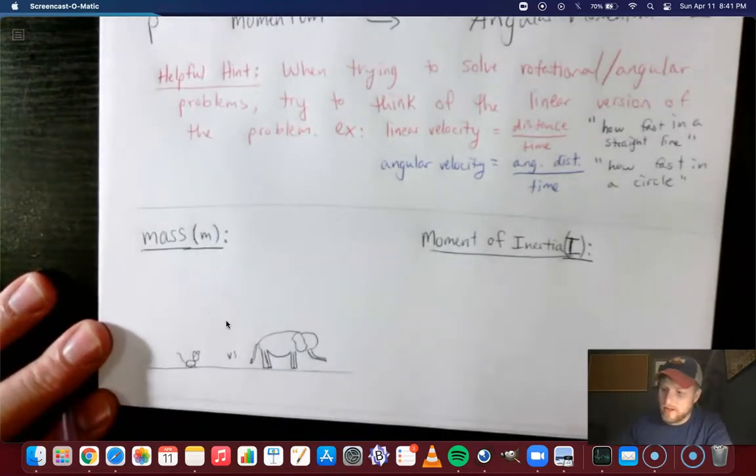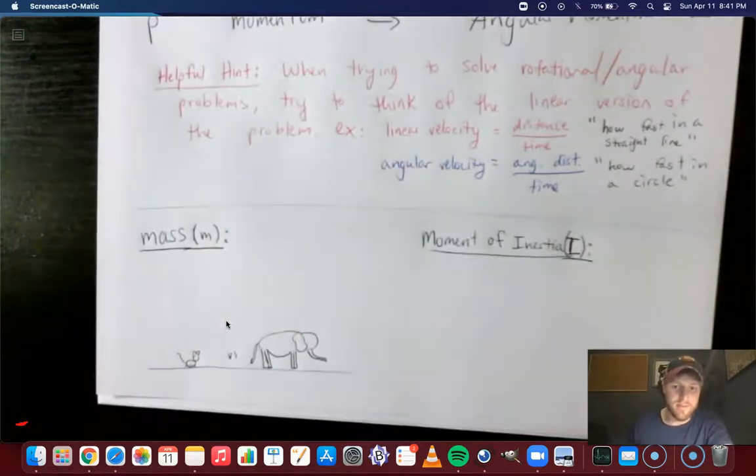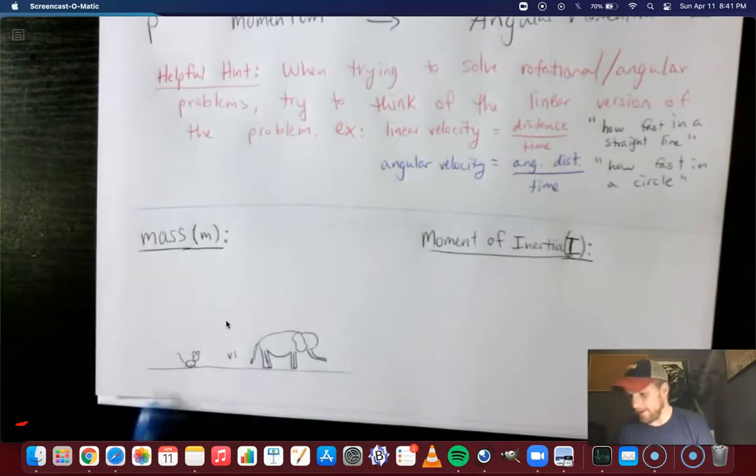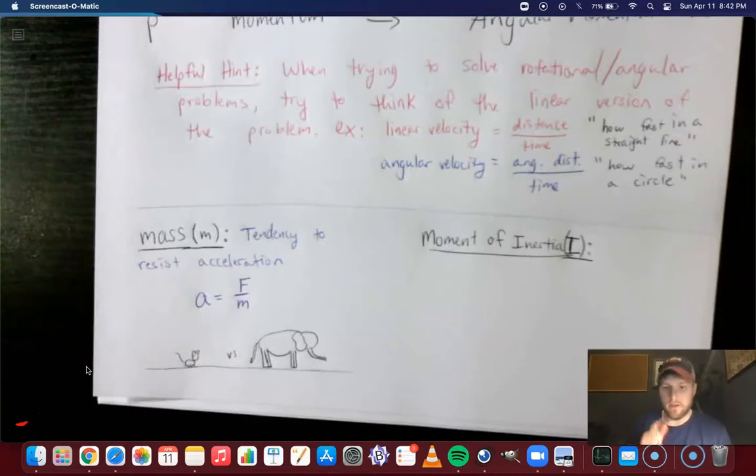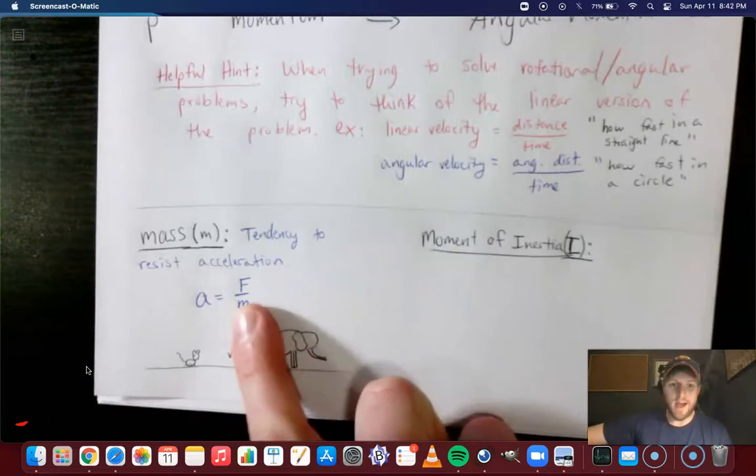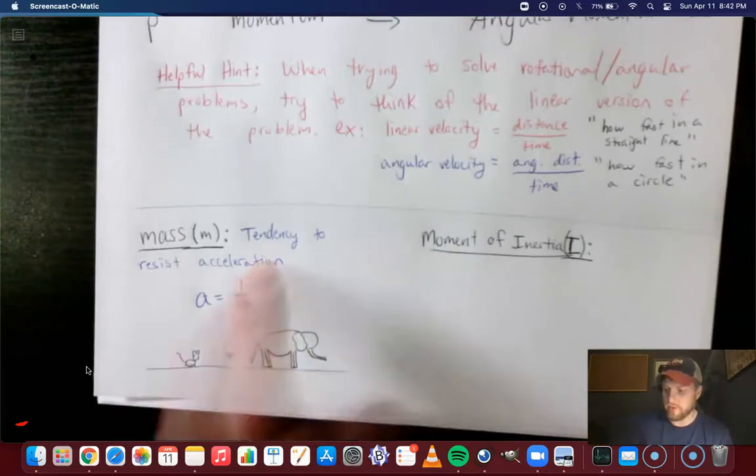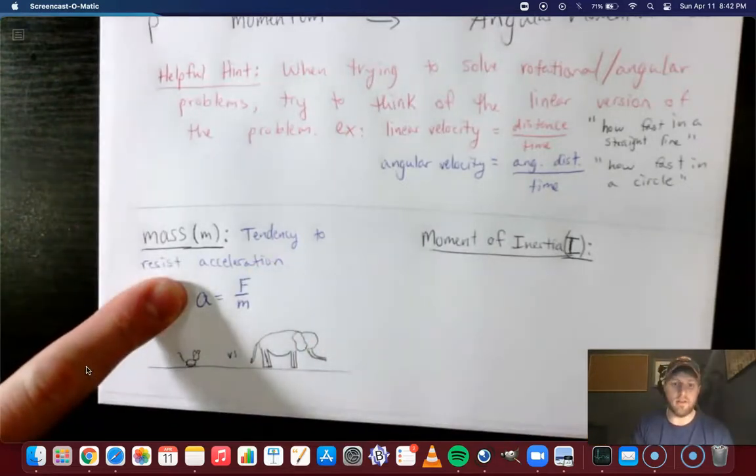So what is mass? Mass is something's resistance to being accelerated. In other words, if we applied the same amount of force to an elephant and a mouse, obviously the mouse would accelerate more. In fact, if we take Newton's second law and solve it for acceleration, we can see how that works.